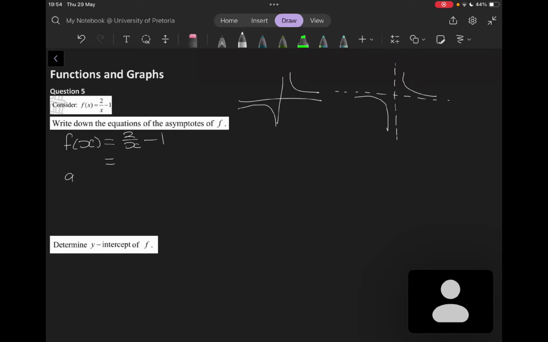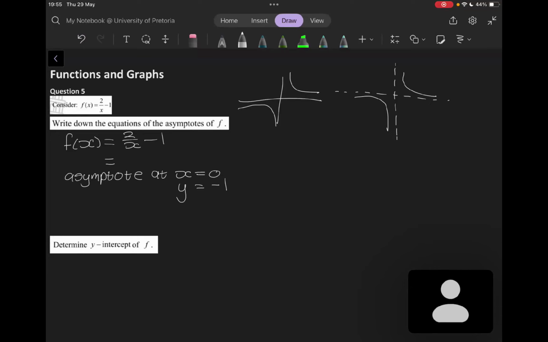Asymptote: remember, an asymptote is just a line or value at which the function cannot exist. We know that x is equal to 0 because if we substitute an x into here, we get an undefined. And the second one is that y is equal to -1, right? Which should be the horizontal.